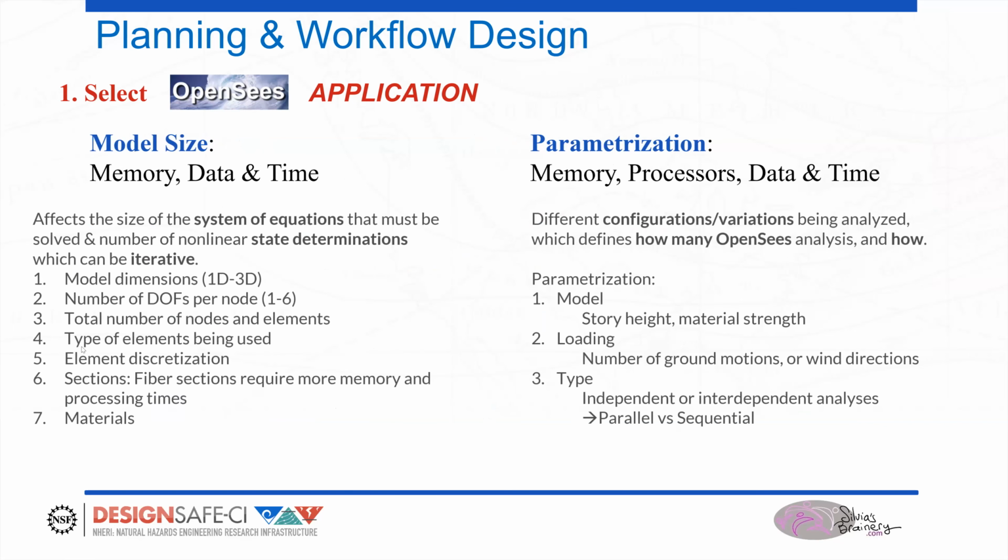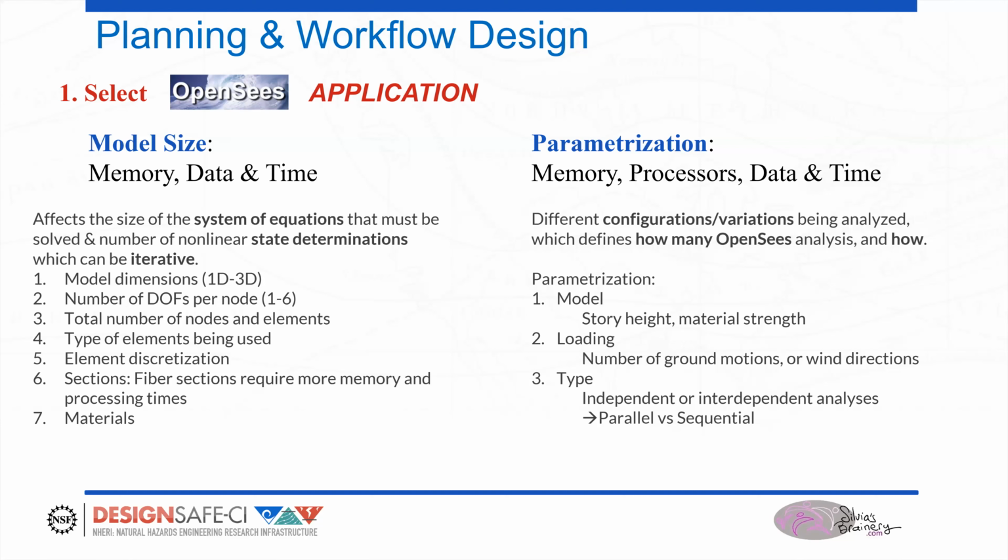Okay, so let's look at the very first part of it, which is selecting your OpenSees application. So 2 things I want you to keep in mind, and these I almost define, I think, in the documentation. I call them the scope of your project, because one is the model size, which is what we always talk about, but also keep in mind how you're doing your parameter studies.